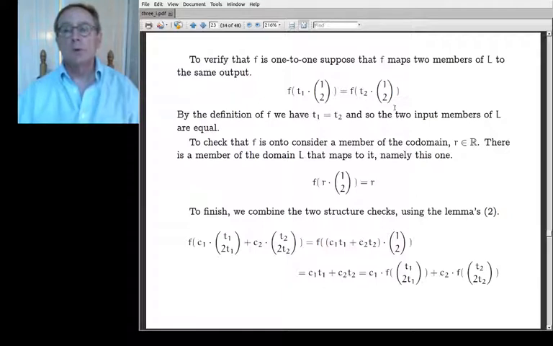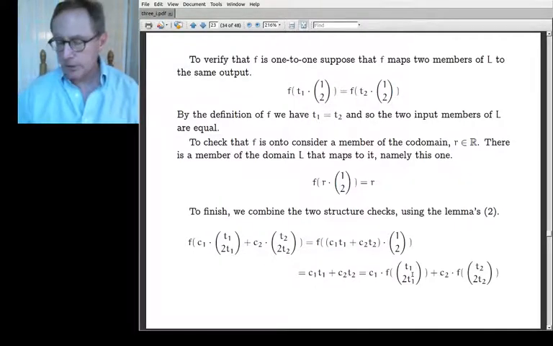Verifying that it's one-to-one is routine, especially with the check-in. Verifying that it's onto is routine, again, especially with the check-in. If you want to show that, for example, there is a member of the line y equals 2x that maps to 7, you just say to yourself, well, 7 times (1, 2) maps to 7. And then preservation of addition and preservation of scalar multiplication is on the next slide.